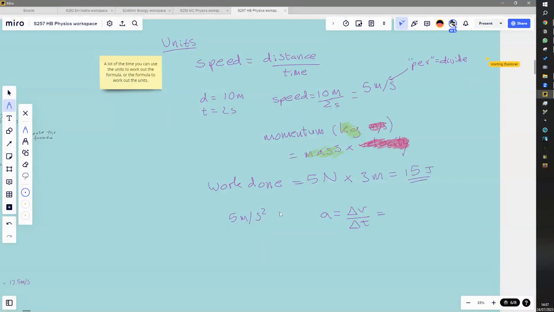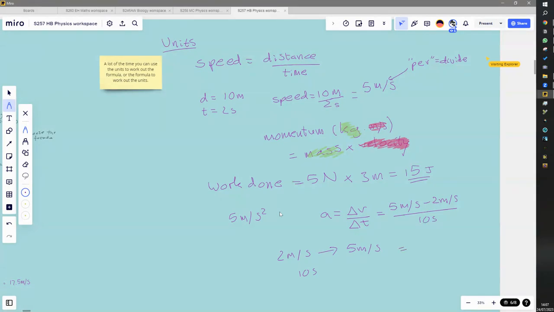Let's say, actually, I'll do a different example. We'll say that it's going from 2 meters per second to 5 meters per second. So the change in velocity is going to be 5 meters per second minus 2 meters per second. And let's say it did that in 10 seconds.